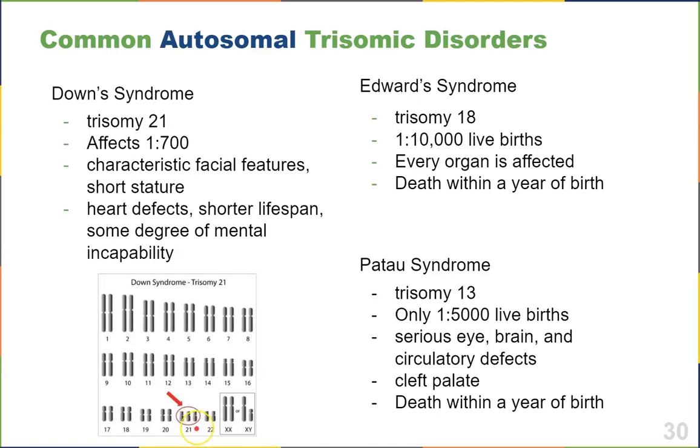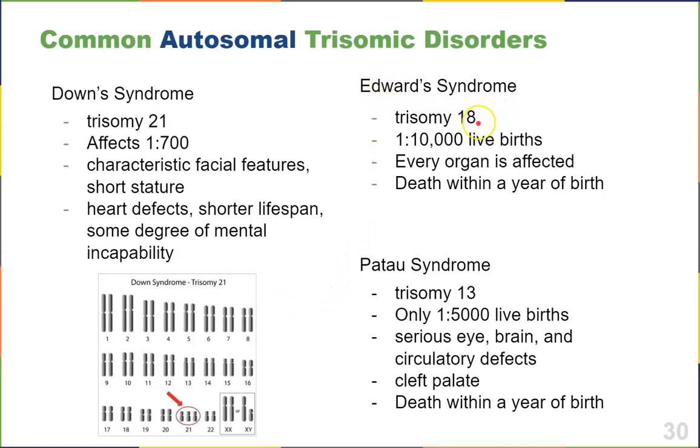So every cell in that person's body is going to have an extra 21st chromosome. It affects 1 in 700 people. Characteristic facial features: short stature, usually shorter lifespan, some degree of mental incapability. Typical heart defects are associated with trisomy 21 or Down syndrome.